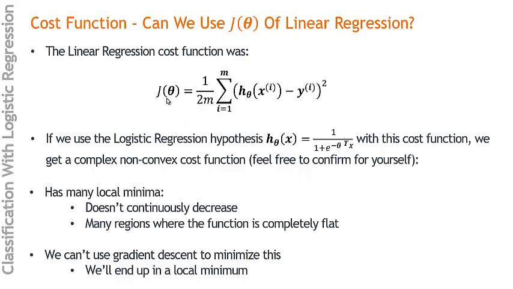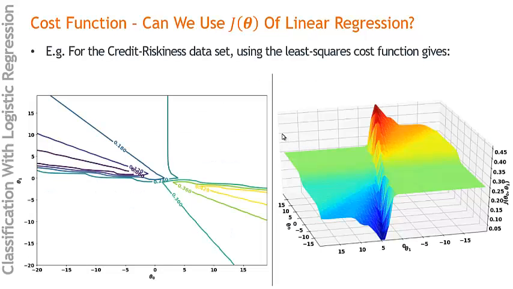This function of theta, which remember depends on this function h, which is quite complicated, has a very irregular shape and is not nice and bowl-shaped like the penalty function we had for linear regression. So here, for example, is a particular representation of this cost function for a two-parameter model.